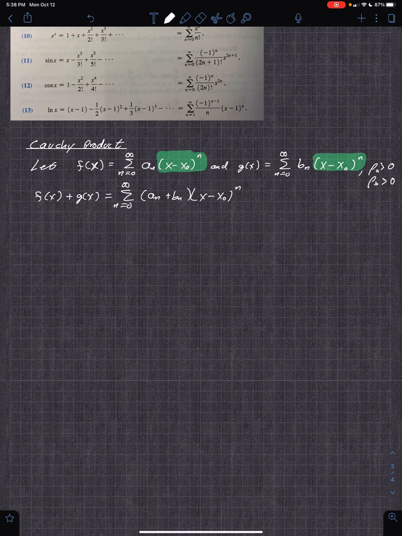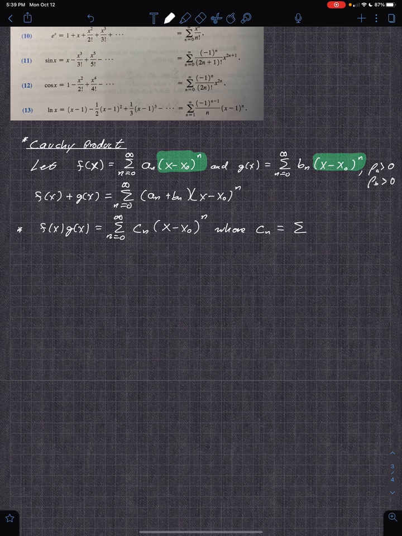The Cauchy product's not as obvious. That's the next thing here. So the product of that is basically an infinite sum. So you get the sum as n goes from 0 to infinity of c sub n, x minus x naught to the n, where c sub n ends up being that product.